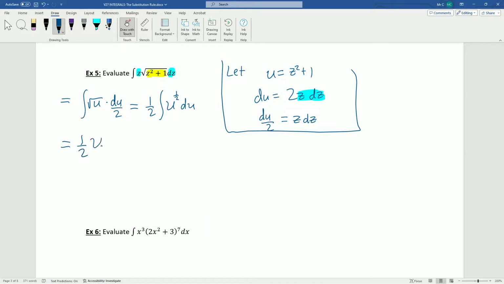That's 1/2 u to the 3/2 power divided by 3/2 plus c. Now in this case, we get kind of lucky. In our denominator, 2 times 3/2, the 2's are going to cancel. So that makes that a little easier to deal with. So this is just 1/3 u to the 3/2 plus c. And finally, I'll substitute u back in. This is 1/3 (z squared plus 1) to the 3/2 plus c.